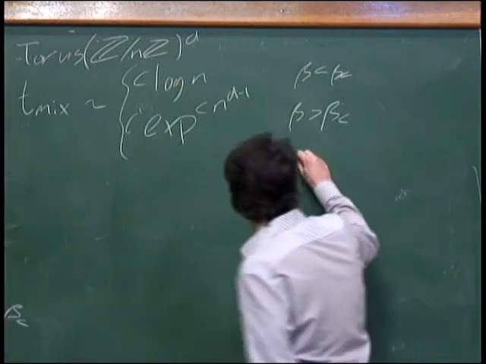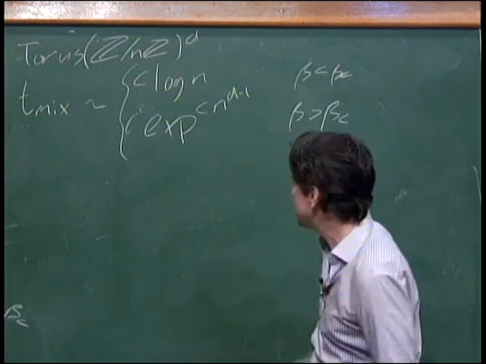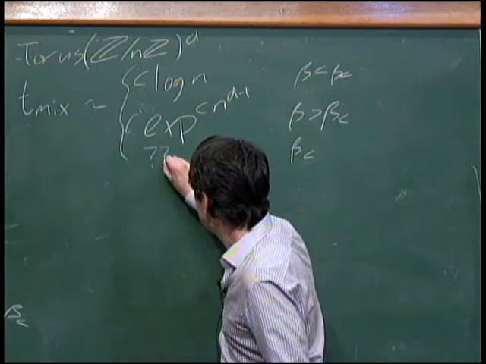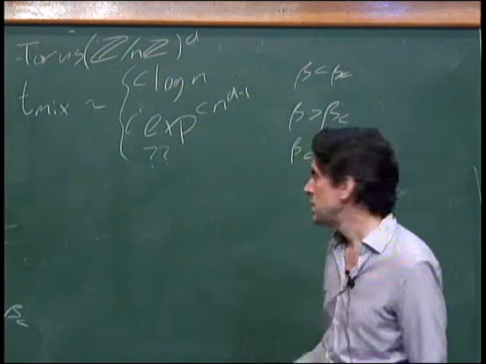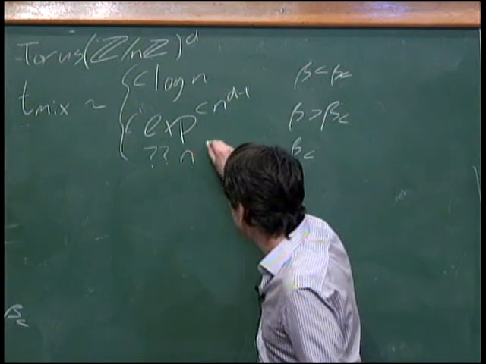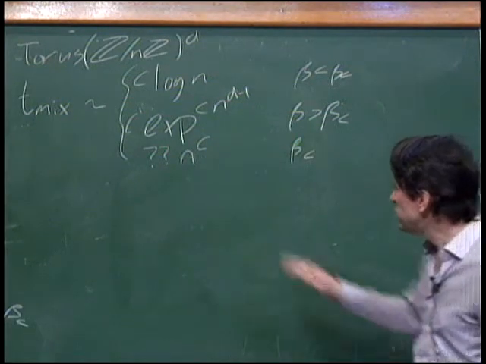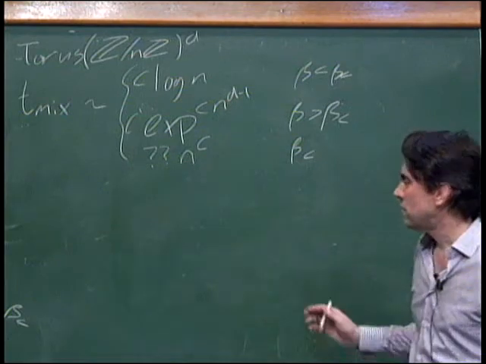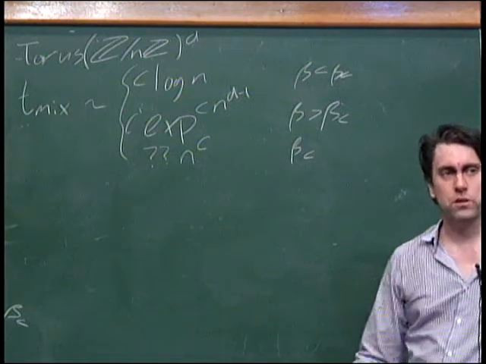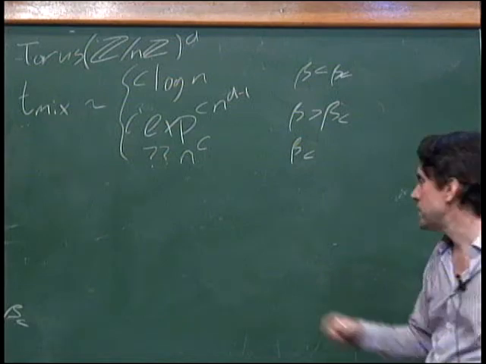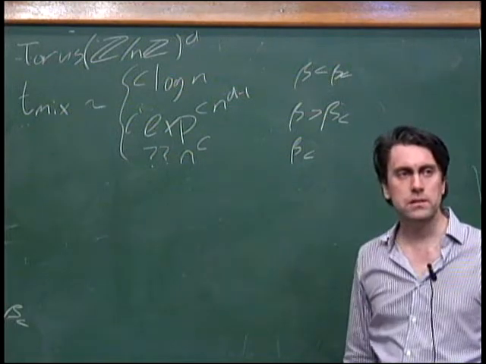Okay. Actually, at beta c is still a question mark. We expect it to look like some polynomial. In 2 dimensions, we have upper and lower bounds, which are polynomial, but we don't know that there's some actual exponent here.